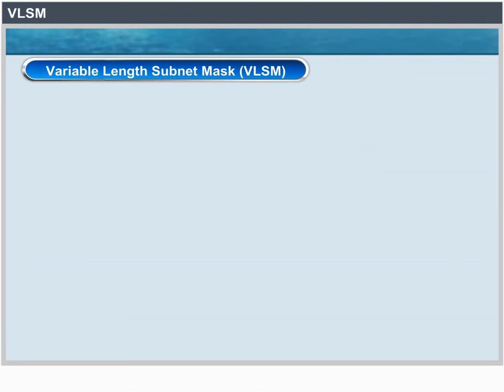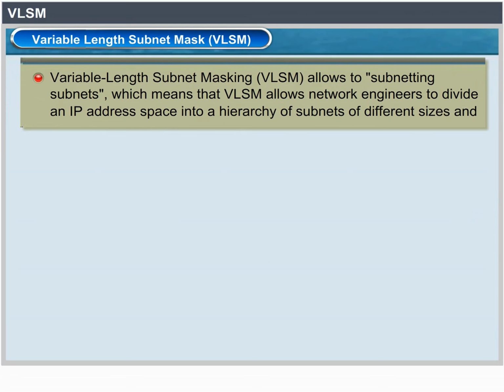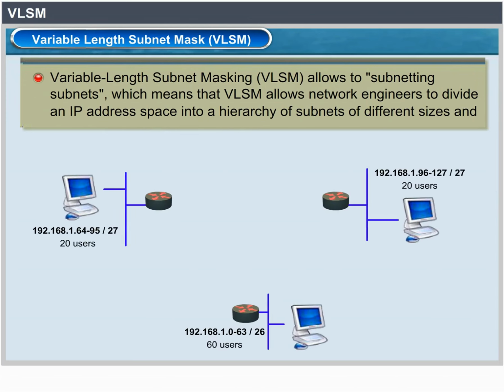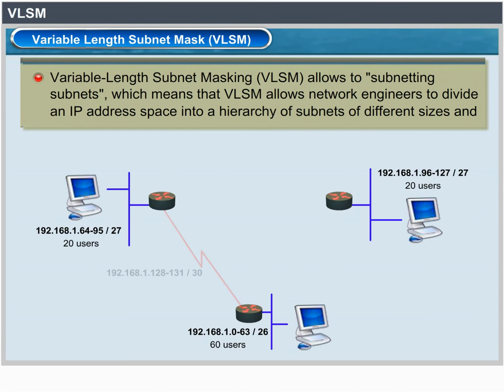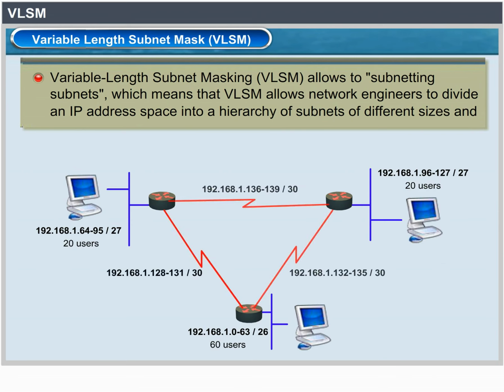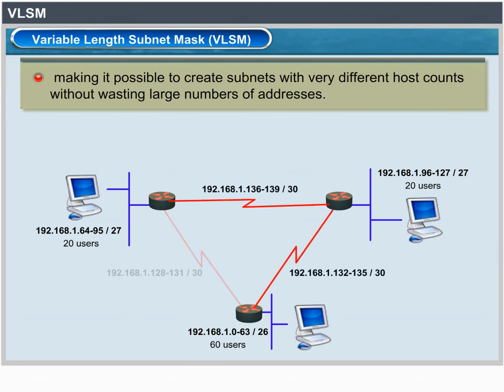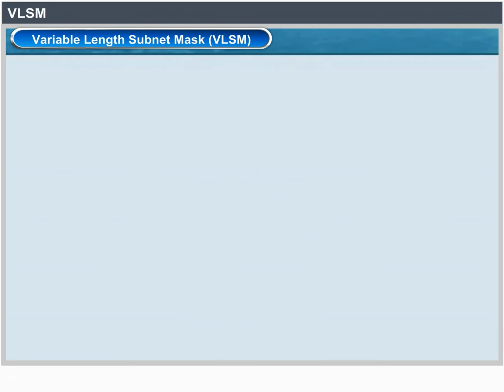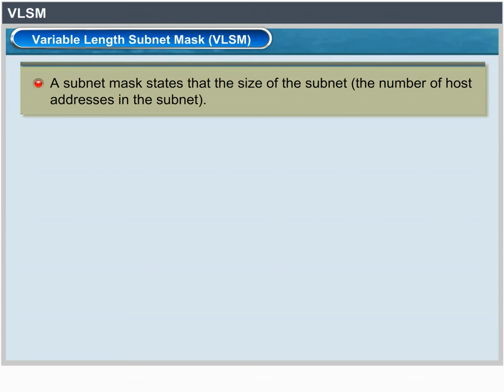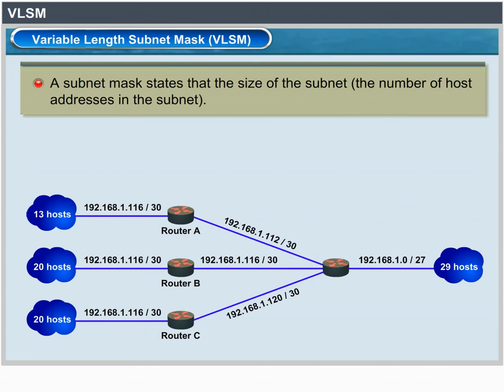VLSM, Variable Length Subnet Mask, amounts to subnetting subnets, which means that VLSM allows network engineers to divide an IP address space into a hierarchy of subnets of different sizes, making it possible to create subnets with very different host counts without wasting large numbers of addresses. A subnet mask defines the size of the subnet, that is, the number of host addresses in the subnet.